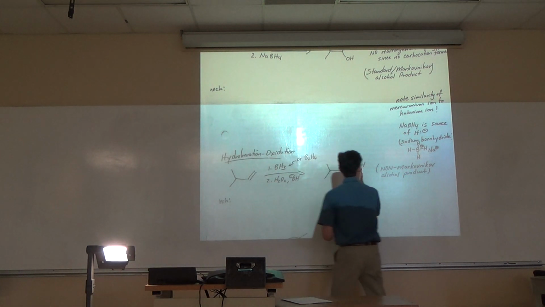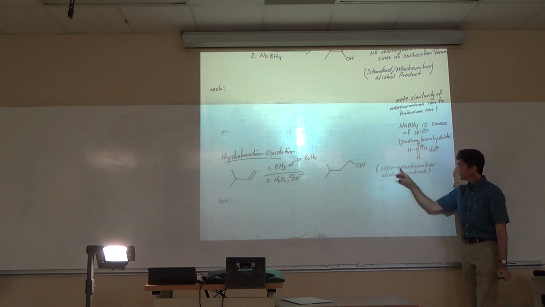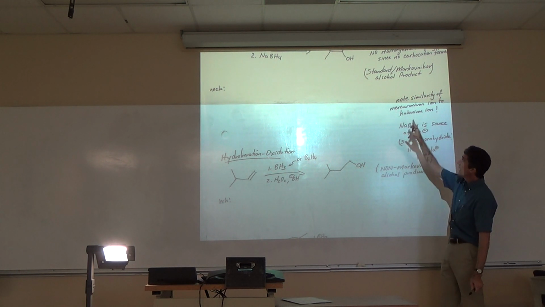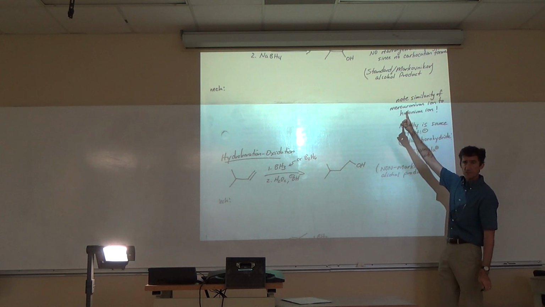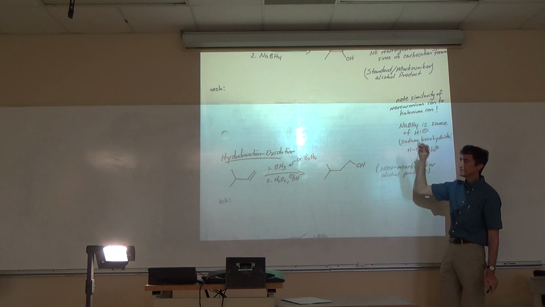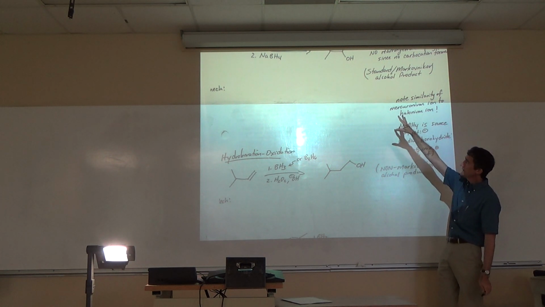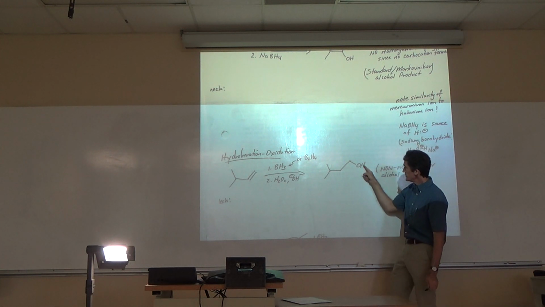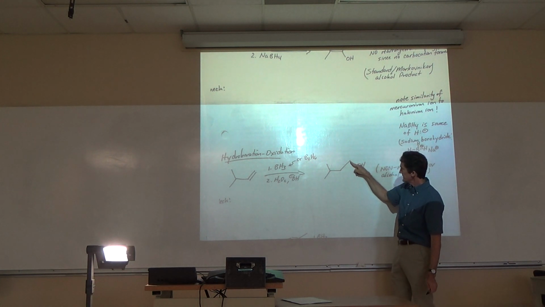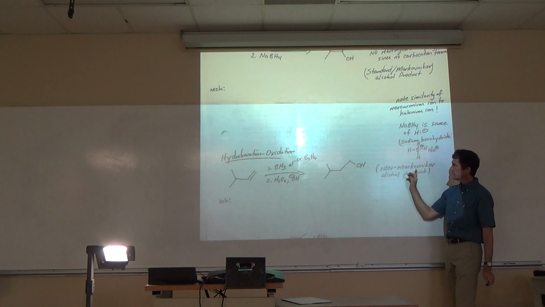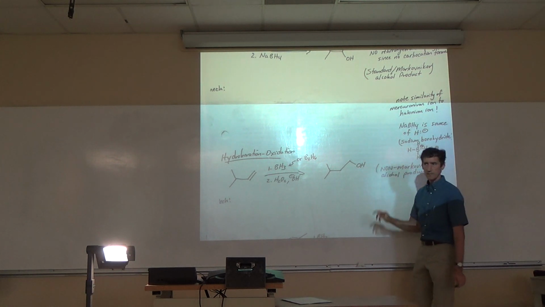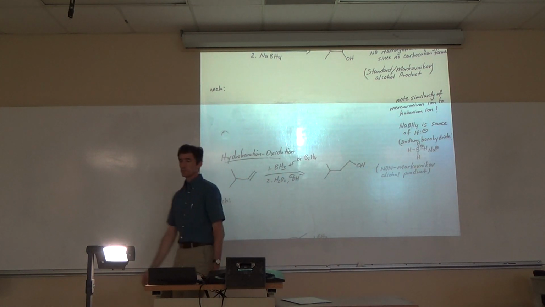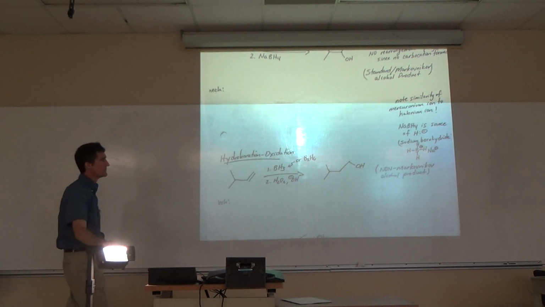That unusual outcome is called a non-Markovnikov product. Up top, that was a Markovnikov hydration. Standard hydration. Where you would expect cation, that's where the nucleophile adds. Here, the nucleophile did not add where we expected cation. We expect cation here. Somehow it added there. That's called anti-Markovnikov or non-Markovnikov. All right? Those terms should be in your textbook.